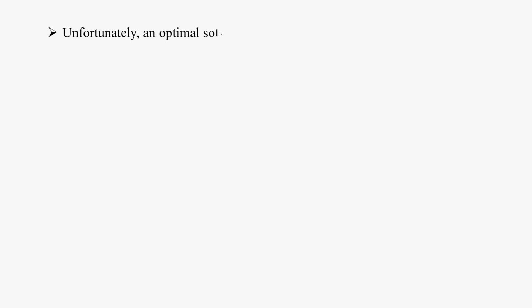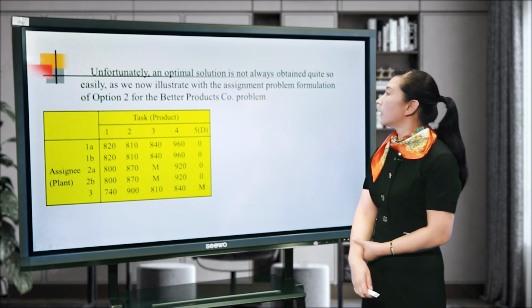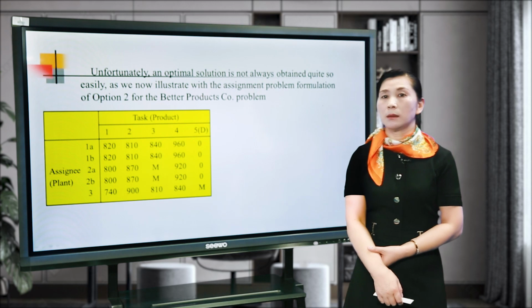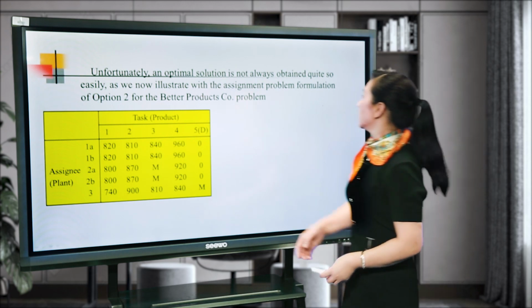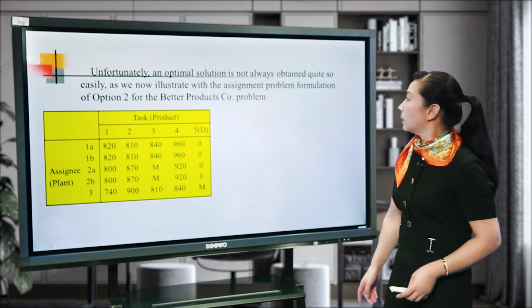So from these examples, we notice that unfortunately an optimal solution is not always obtained quite so easily, as we now illustrate with the assignment program formulation of operation 2 for the Better Product Combination program. And we remember the table in Better Product Combination operation 2.